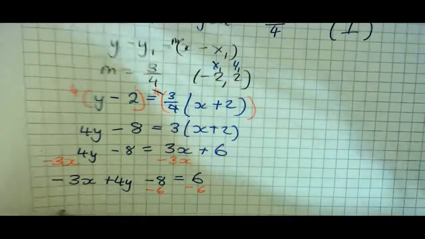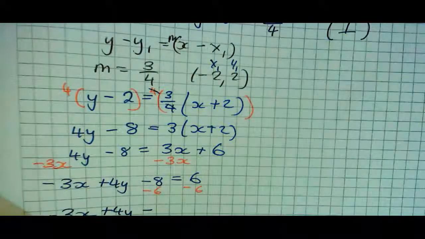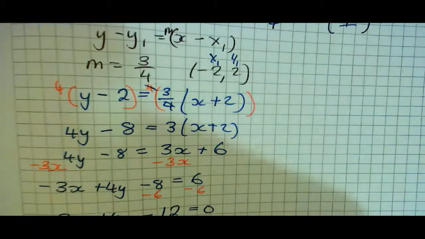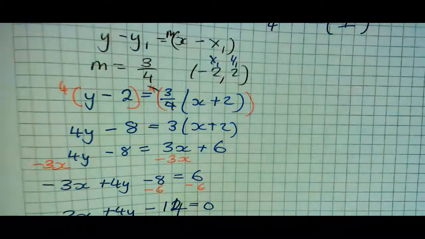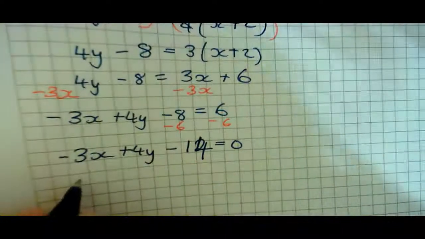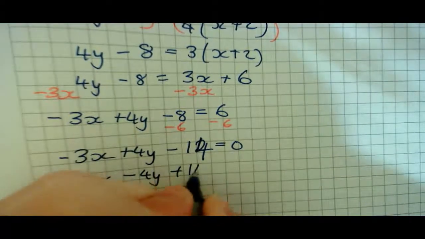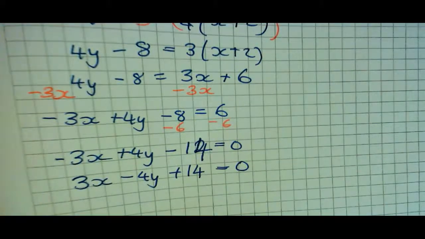So I'm going to be left with minus 3x plus 4y minus 14 is equal to 0. And now because I don't like this minus in front, I'm going to multiply across by minus 1, so I'm going to change all the signs across. So I'm left with 3x minus 4y plus 14 is equal to 0. And that's my equation here of the tangent.